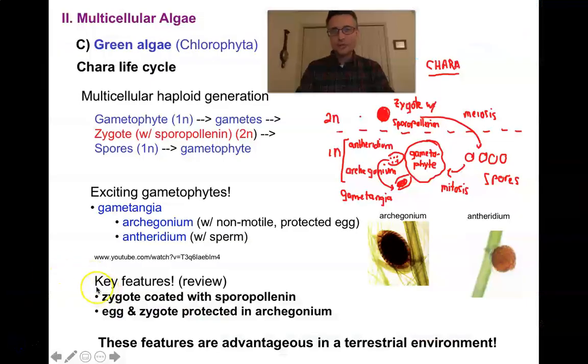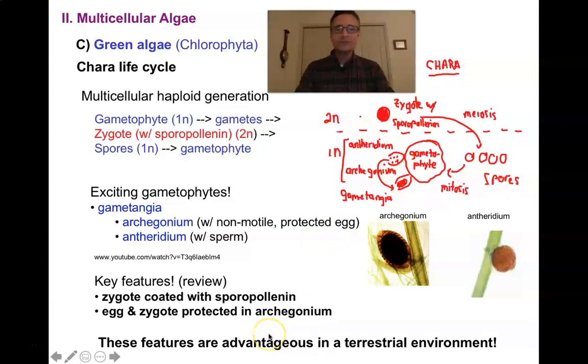What have we learned about the chara life cycle? Well, here are a few key features in review. First of all, the zygote is coated in sporopollenin, as we mentioned right here. And the egg and the zygote are protected in an archegonium, and particularly that is going to allow the plant, our gametophyte, to take care of this fertilized zygote until it can get the sporopollenin coat, until it's ready to survive some kind of desiccation event.